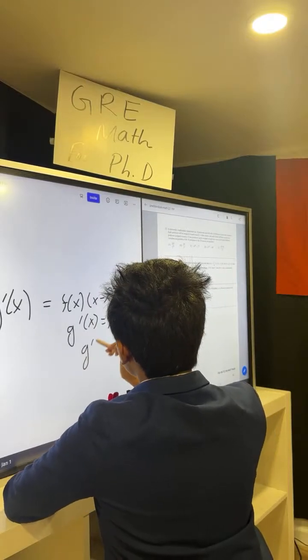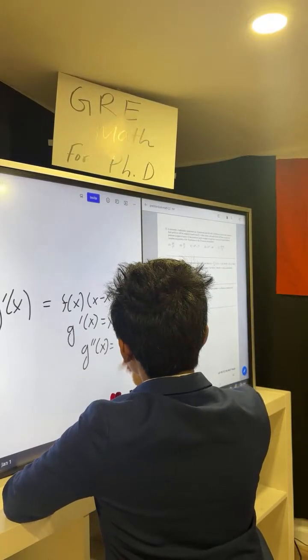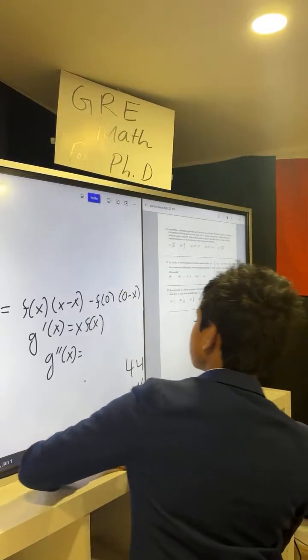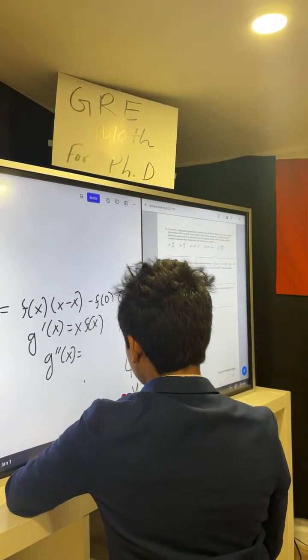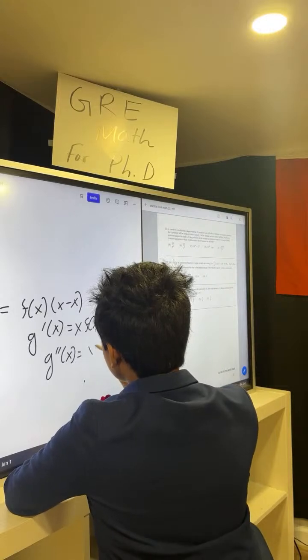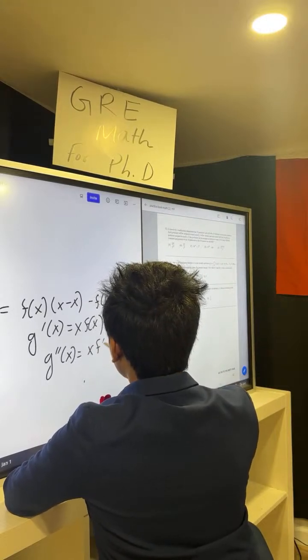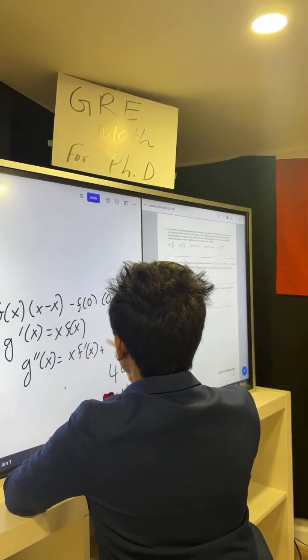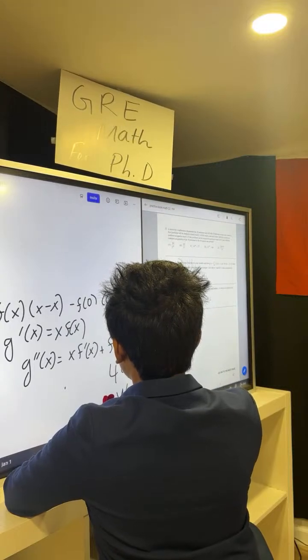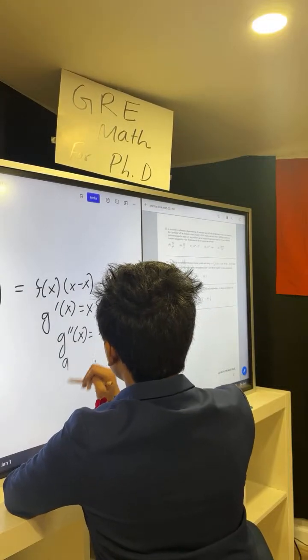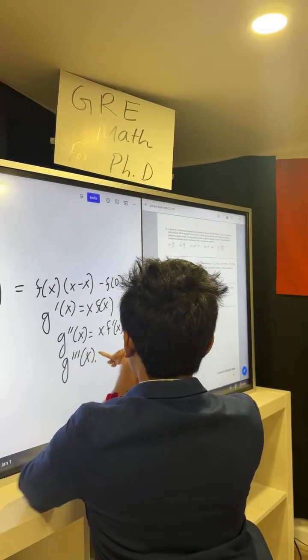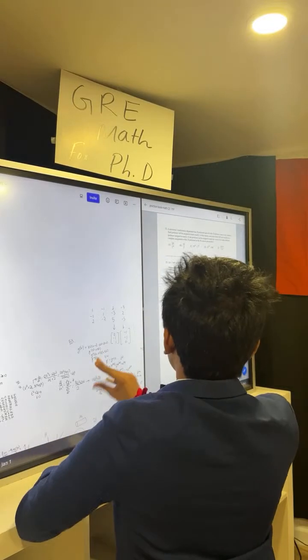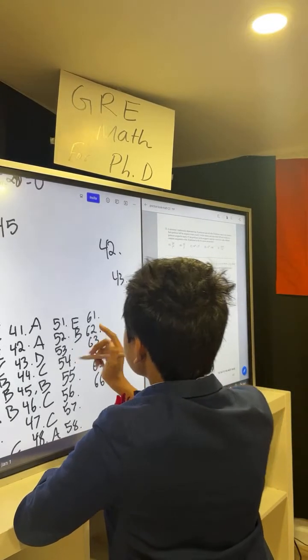And then g double prime of x is x f prime of x plus f of x. And g triple prime of x is, okay, so it's going to be 2, which is b.